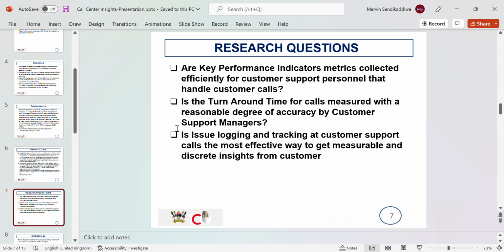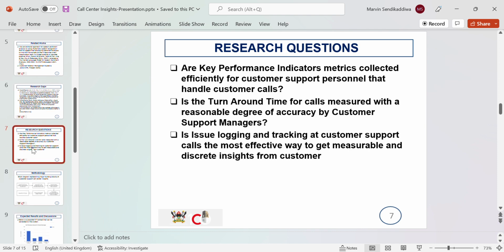The same applies to turnaround times. Currently, when a customer support person receives a phone call, they log it into an issue tracker, but they can't log everything that has transpired in the phone call.